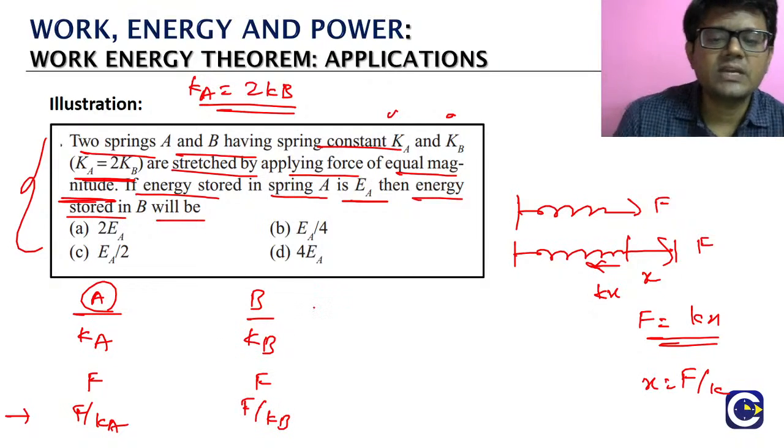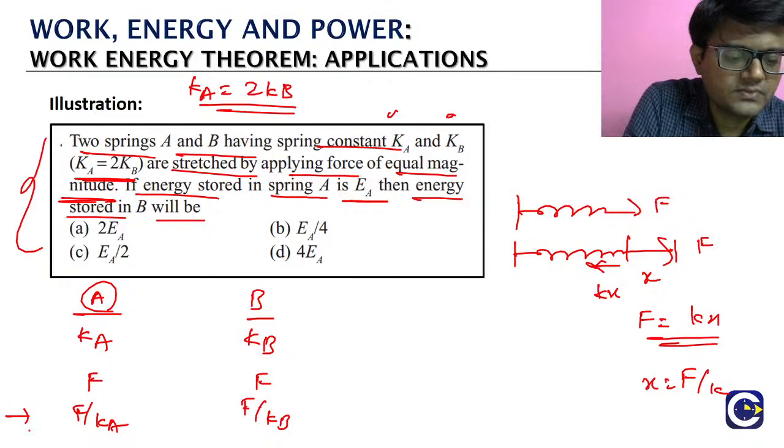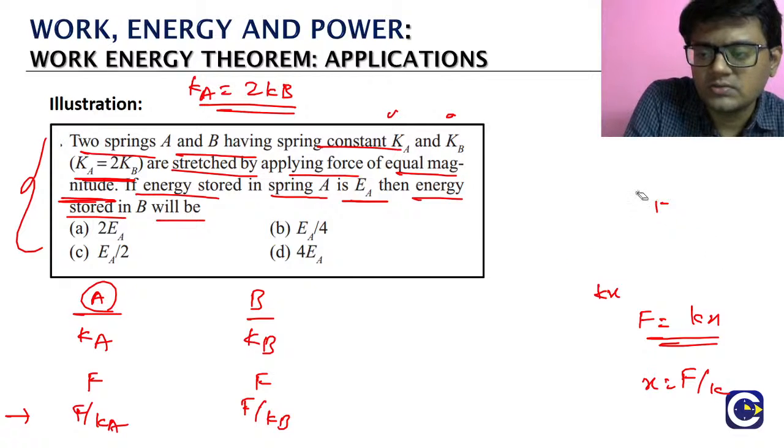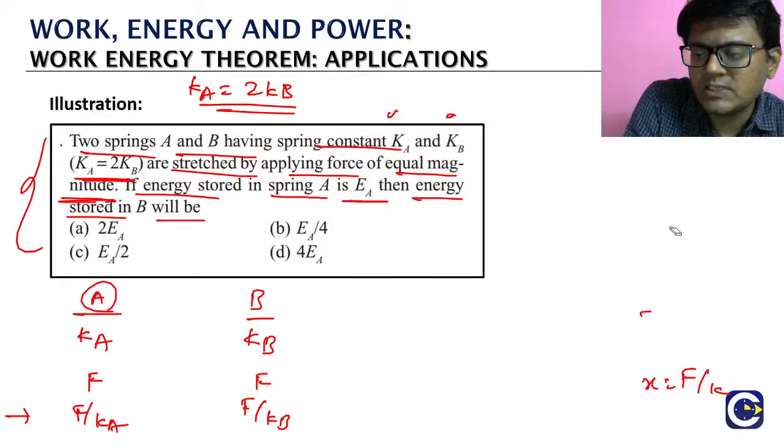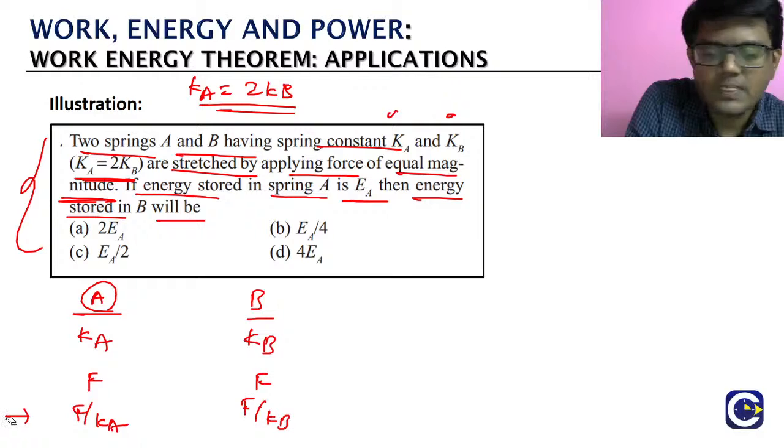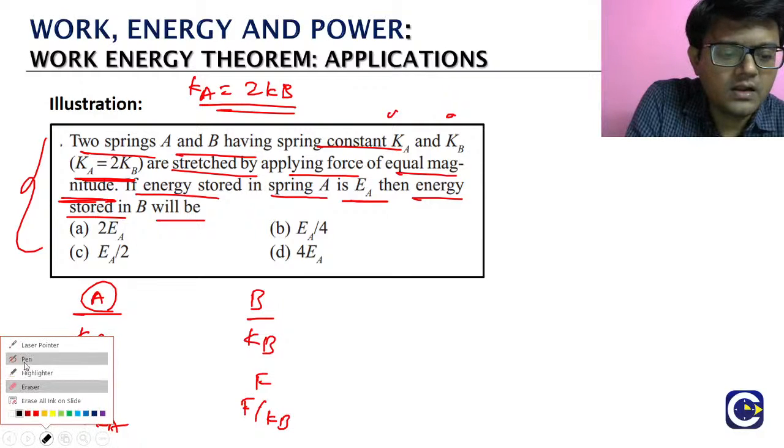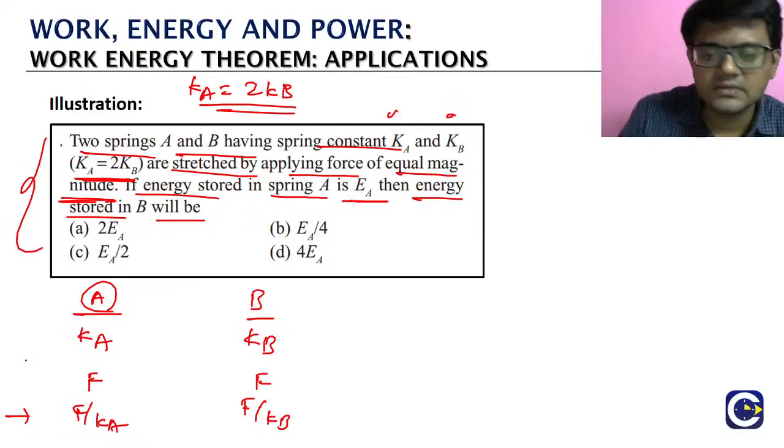They're asking for the ratio of the energy stored. What is the formula for the energy stored in the spring? Half k x square.